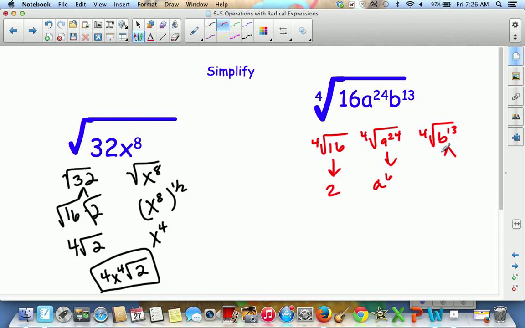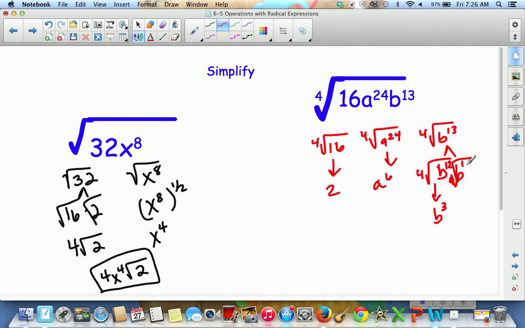Something that 4 goes into is 12. So we could split b to the 13th up into b to the 12th and b to the 1st. And keep in mind, we're doing the 4th root of these. So the 4th root of b to the 12th is b to the 3rd.